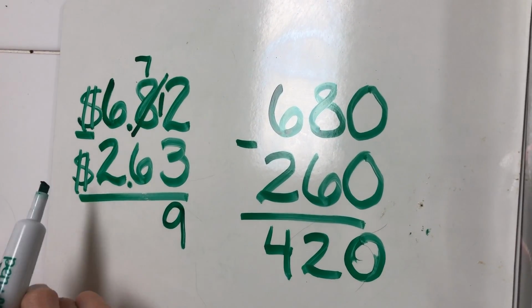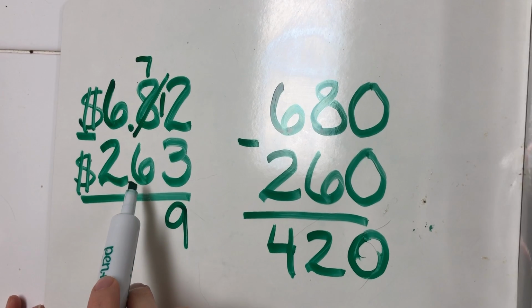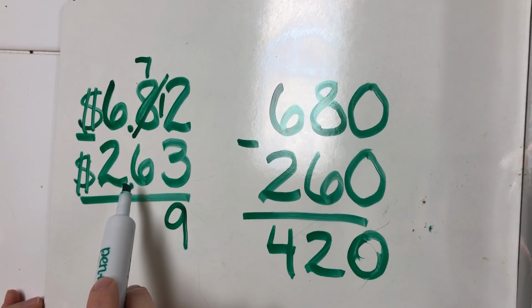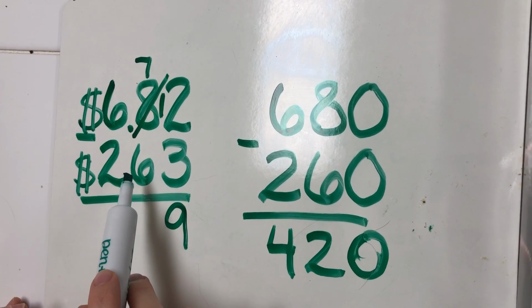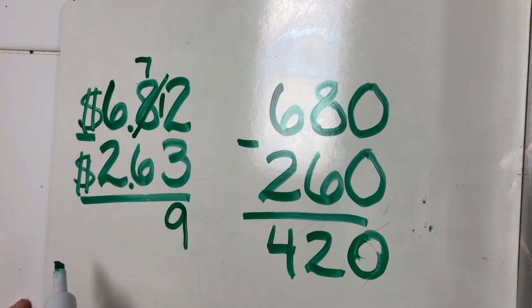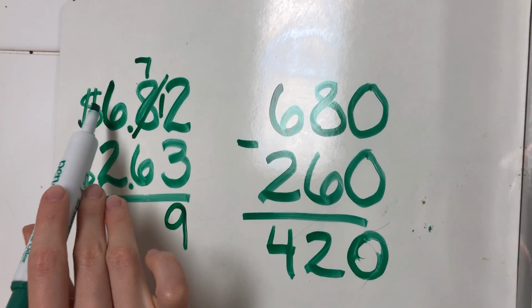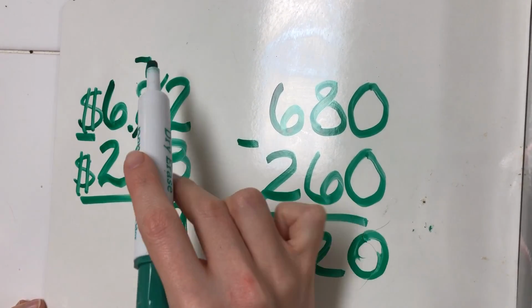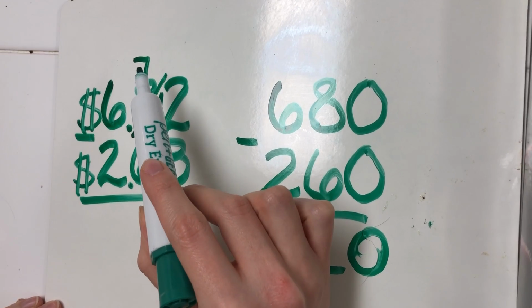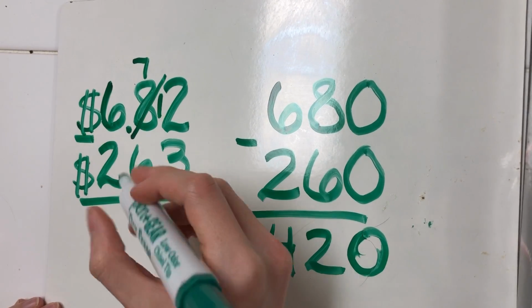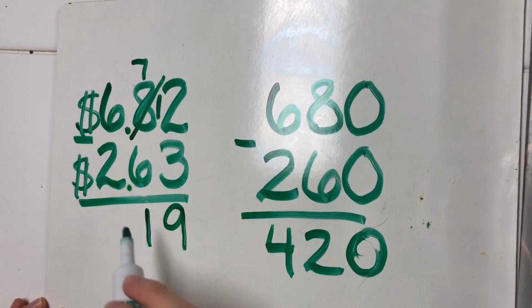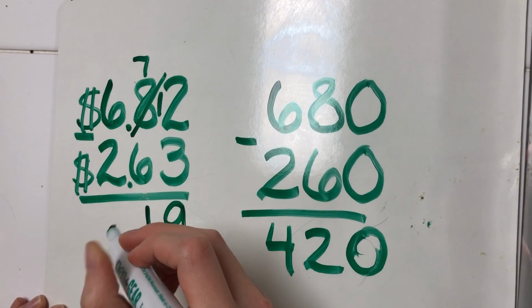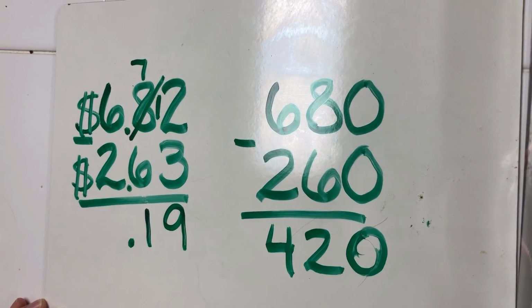9, okay. So now we're going to go over to the tens place. And I ask myself, do I have enough tens? And the answer is yes. So I do not have to borrow from the hundreds place. So I can just subtract it. So 7 minus 6 would just be 1. Now that we've gotten to the decimal, we have to remember to bring down the decimal.